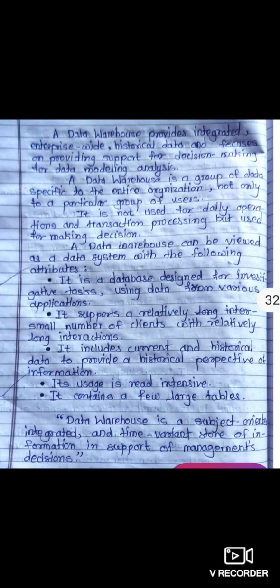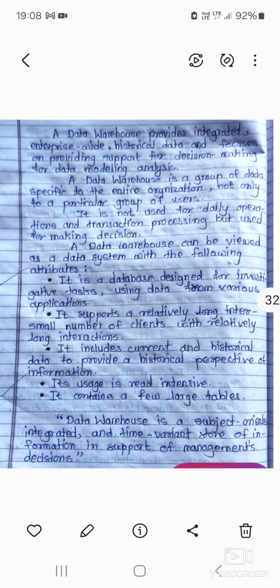A data warehouse provides integrated, enterprise-wide historical data and focuses on providing support for decision making for data modeling and analysis. A data warehouse is a group of data specific to the entire organization, not only to a particular group of users.